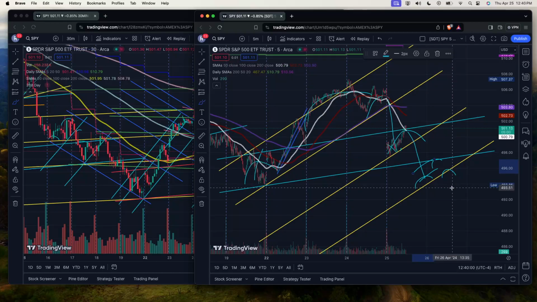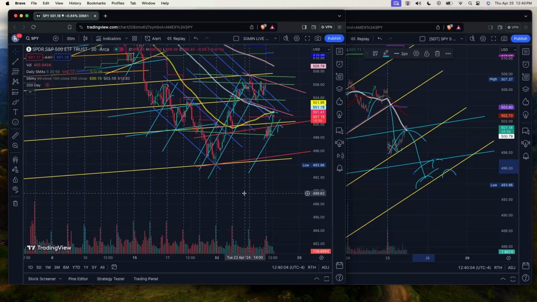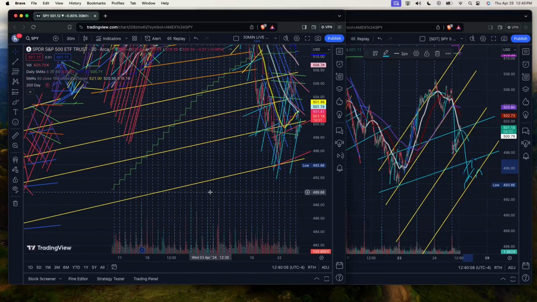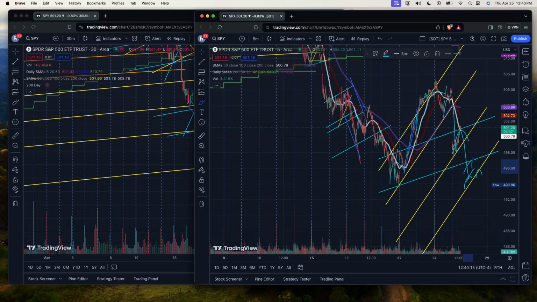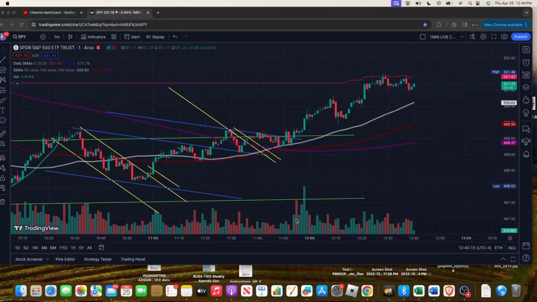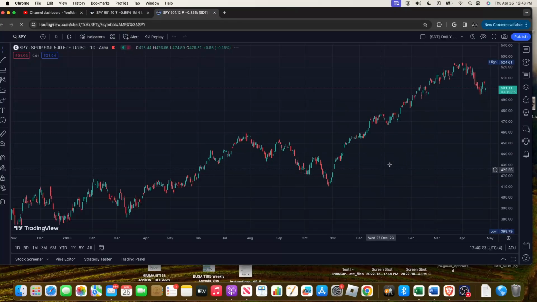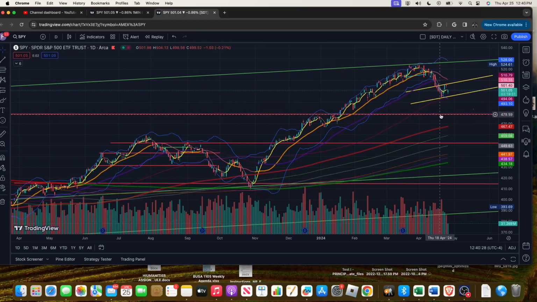And then it breaks down, and then we're gonna see the 480 levels that I've been trying to show on the daily. Where's the daily? Okay, one second. So the daily chart, we're gonna head down right here to the 480s, which is the target.